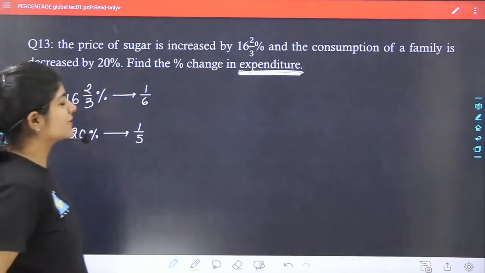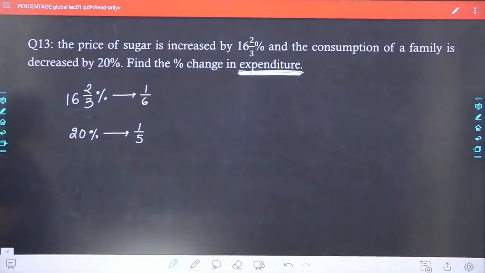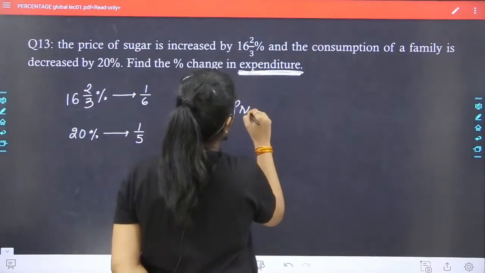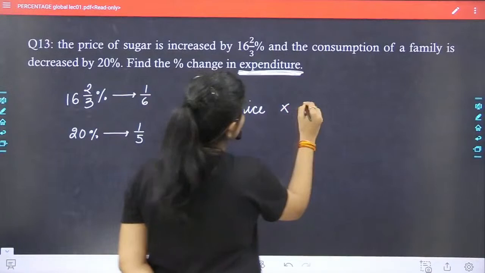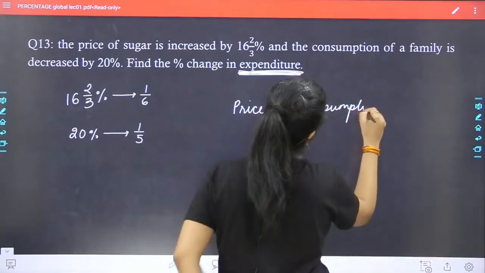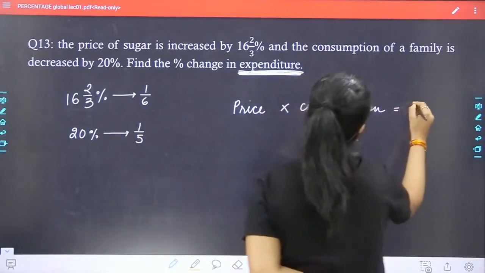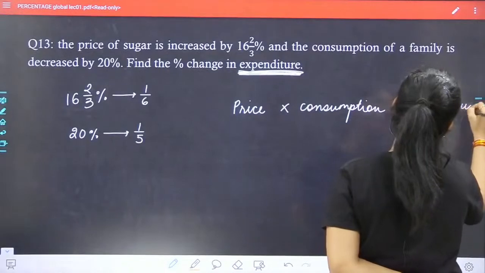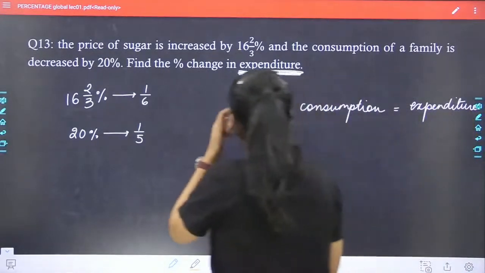As we know, price into consumption will give me expenditure.